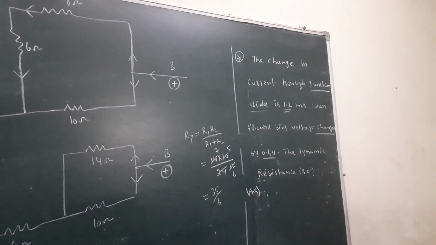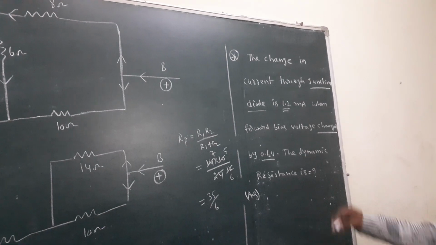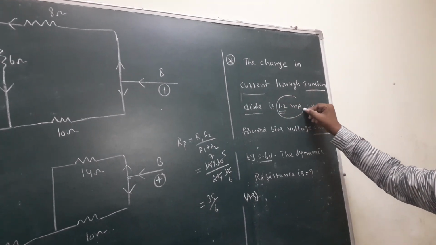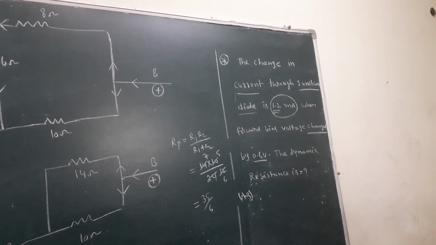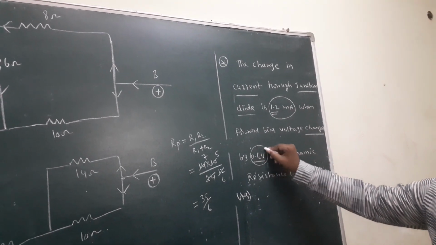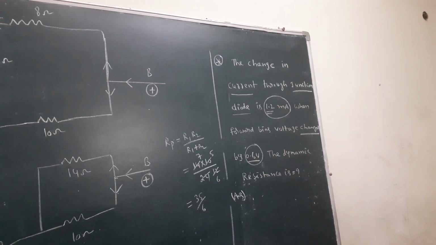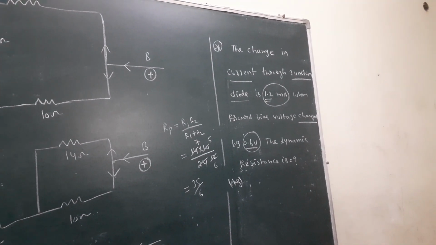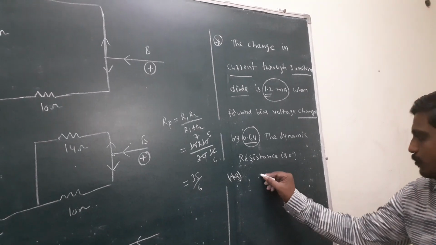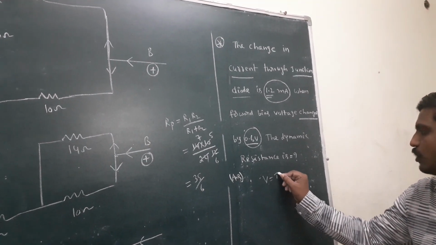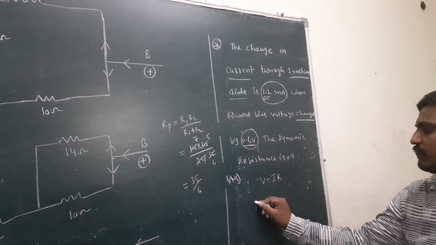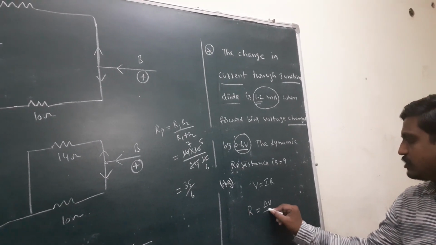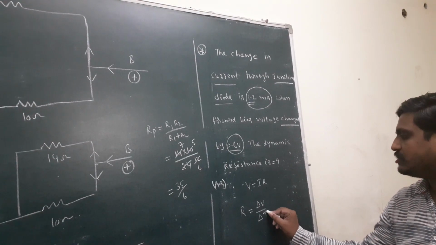2017 problem to check here. Here the change in current is also given: 1.2 milliampere. The voltage change is also given: 0.6. Find the resistance. Voltage is given, current is given. To determine resistance, Ohm's law, V equals IR. What is the formula for R? V by I, written as change in voltage by change in current.